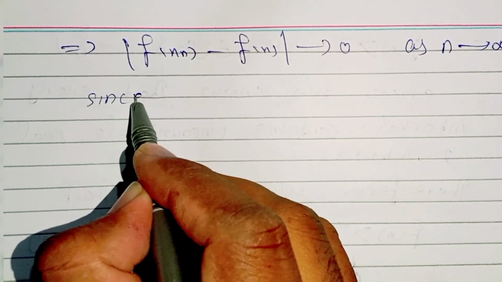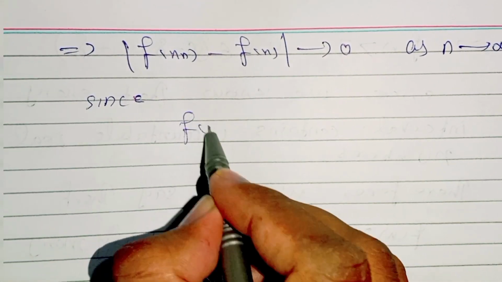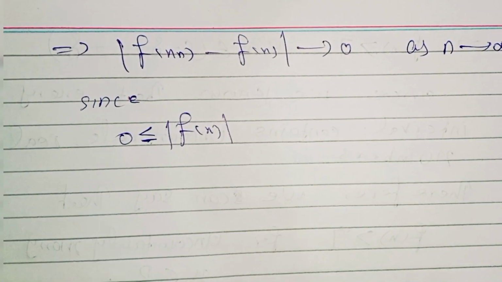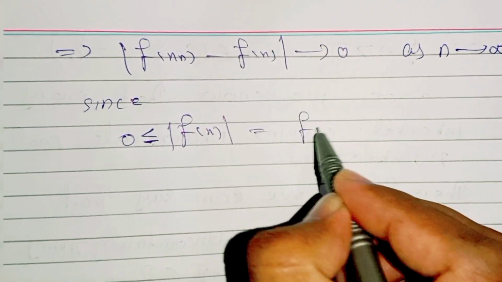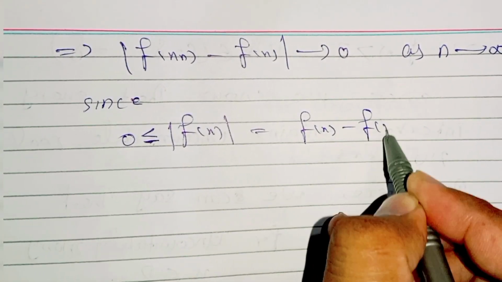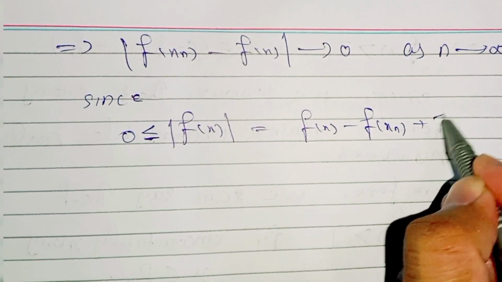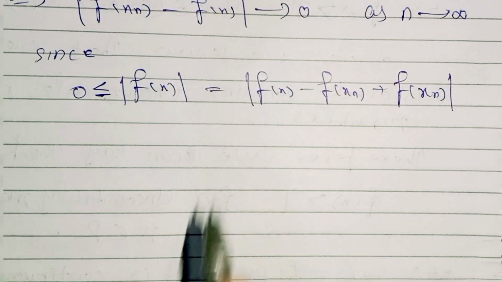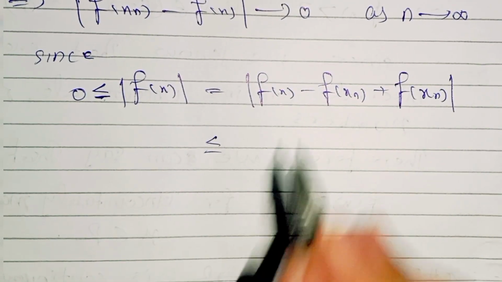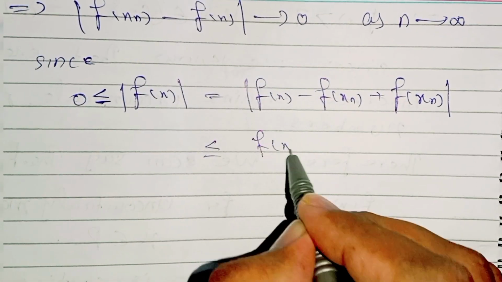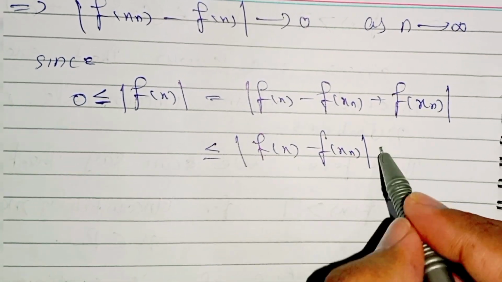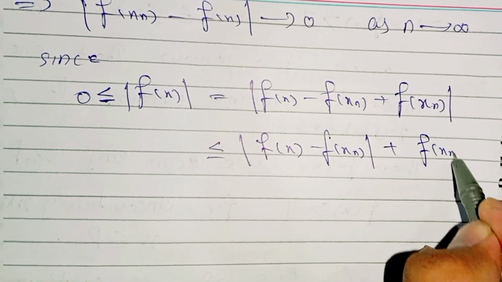Since |f(x)| is greater than or equal to 0, and is equal to |f(x) - f(x_n) + f(x_n)|, which is less than or equal to |f(x) - f(x_n)| + |f(x_n)|.